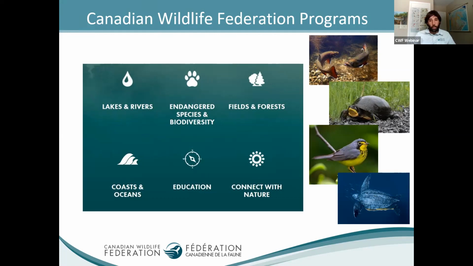And then specific projects: we have a number of projects in freshwater, marine, and terrestrial environments, many of which target species at risk, like the right whale, Blanding's turtle, at-risk bats, and the monarch butterfly, which ties into this current project on restoring pollinator habitat on rights of way, which dovetails well. So I'll turn that over to Victoria to talk about that project.